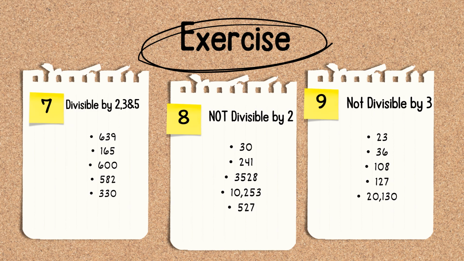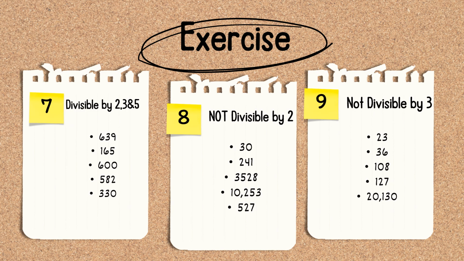yes, this number 7 needs a little bit of concentration. We want to choose the number that is divisible by all of 2, 3, and 5 together. But we will apply the 5 rules to each number. Let's go. 639.